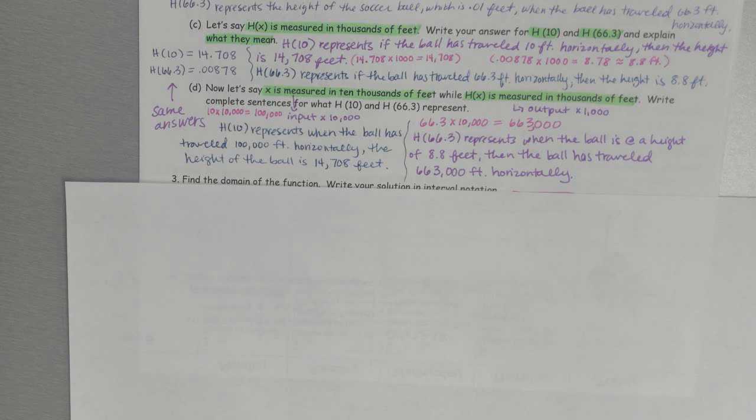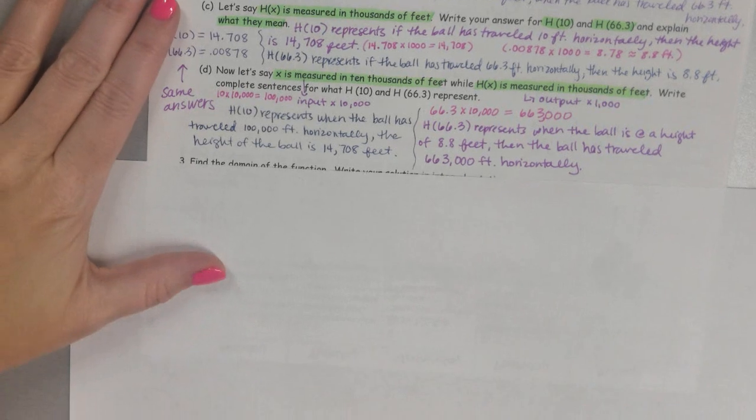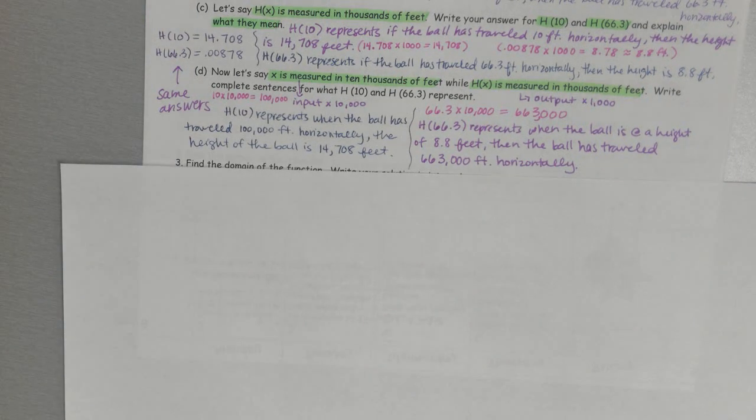Are we clear on that? I know I'm repeating myself over and over again. Oh, okay. Abby, that's coming to you. Okay, and then for this one, your output is what gets multiplied. So this represents when the ball's at a height of 8.8 feet, then the ball has traveled 663,000 feet horizontally.